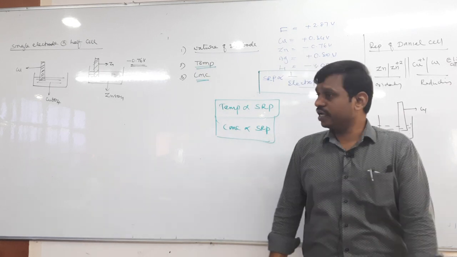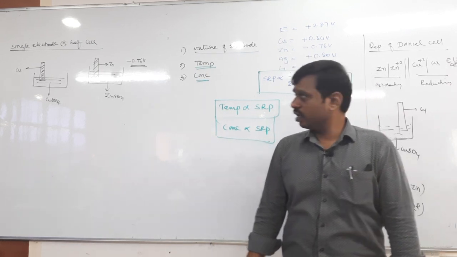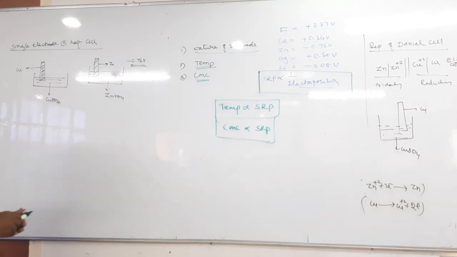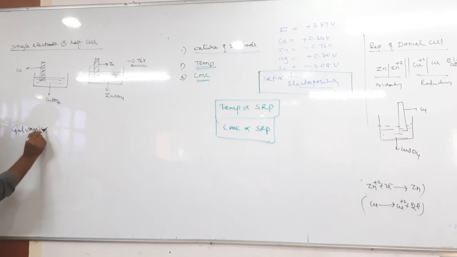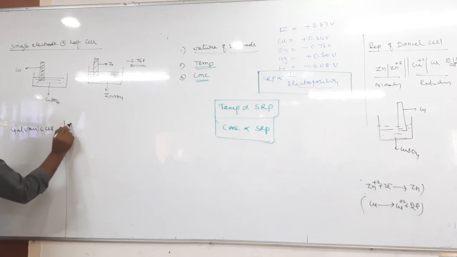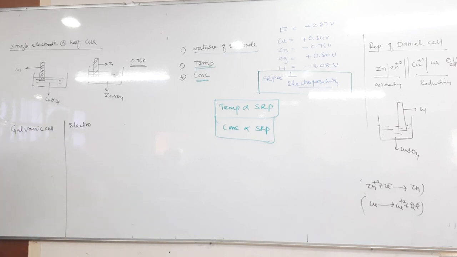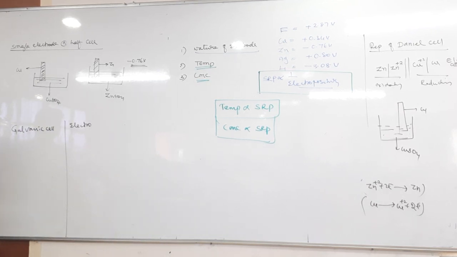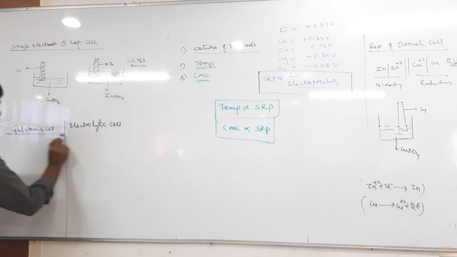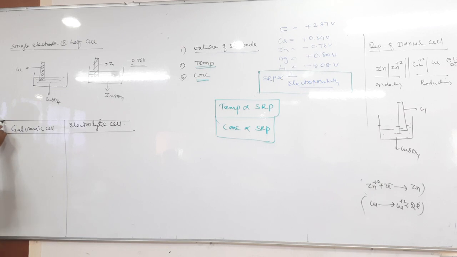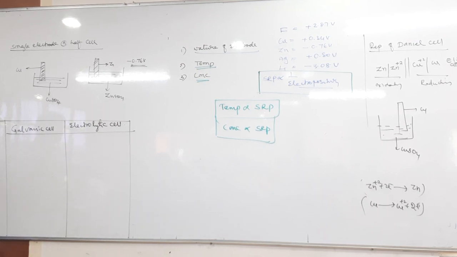Examples: zinc placed in zinc sulfate, copper placed in copper sulfate, silver placed in silver nitrate. All these are half cells.